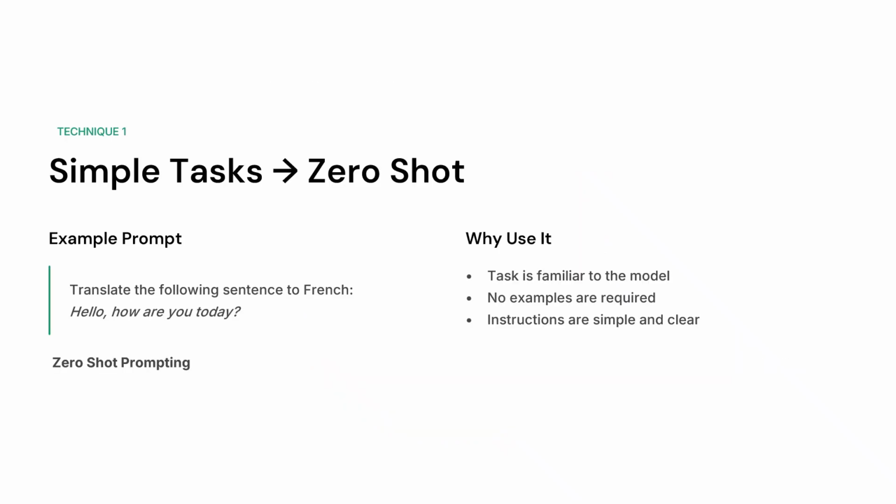So, for example, if the task we need to perform is very simple and the model is very familiar with it, generally we don't require any examples for it. This includes tasks like translation, summarization, or basic question answering. For these, the best approach is zero shot prompting, where you keep the instructions simple and clear.